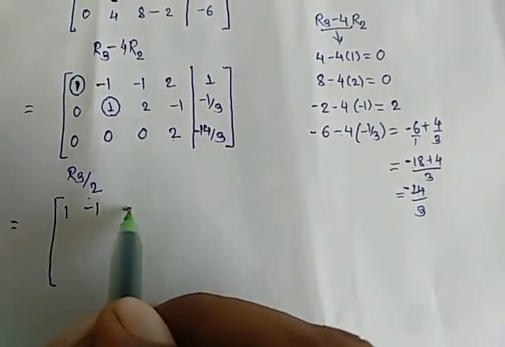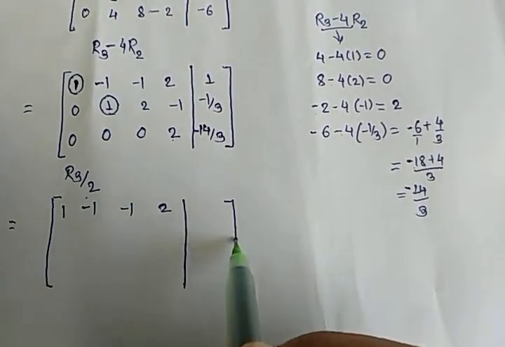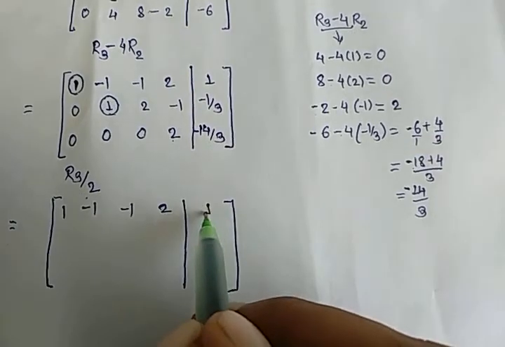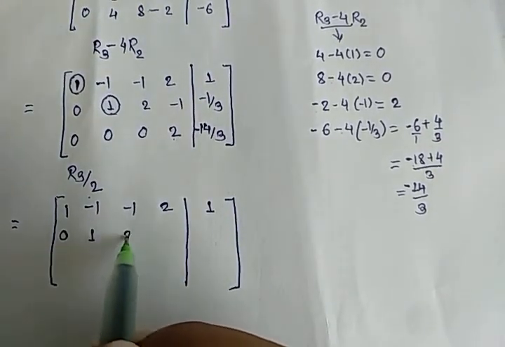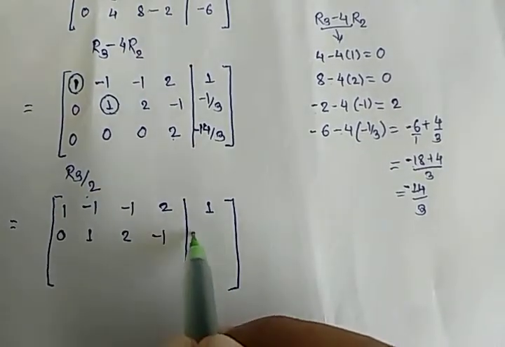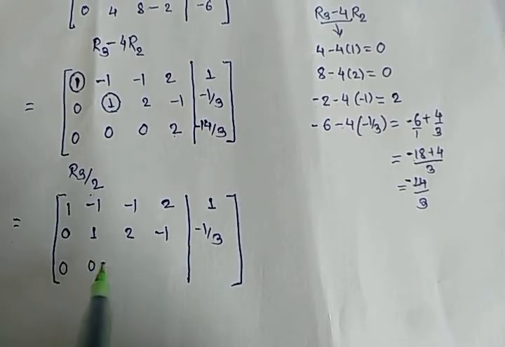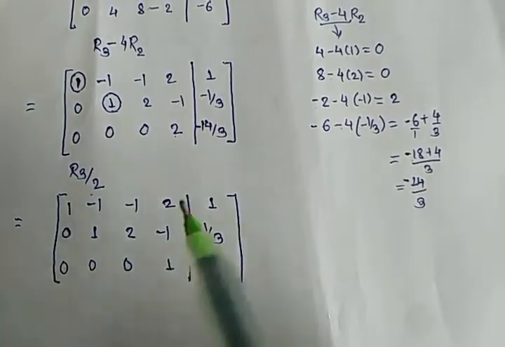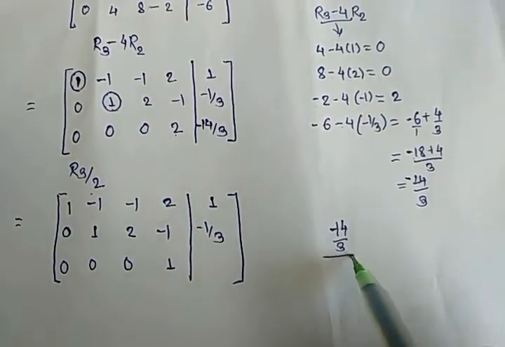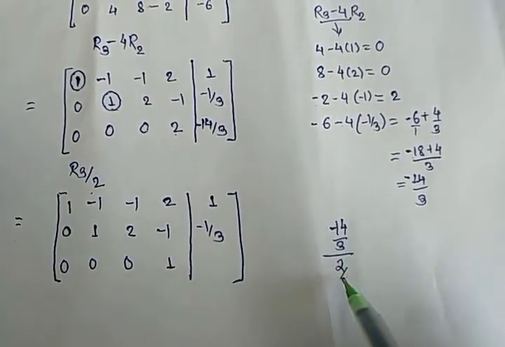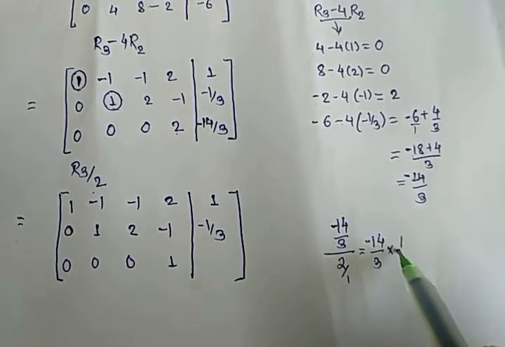1, minus 1, minus 1, 2 in the first row, 1 in the second row, 0, 1, 2, minus 1, minus 1 upon 3, and the third row is 0, 0, 0, 1, and here minus 14 by 3 totally divided by 2, which can be written as minus 14 upon 3 multiplied by 1 half.